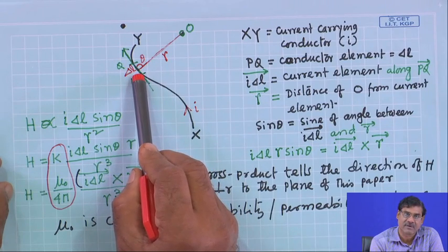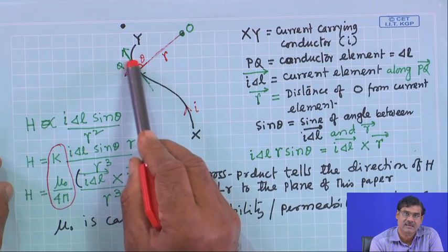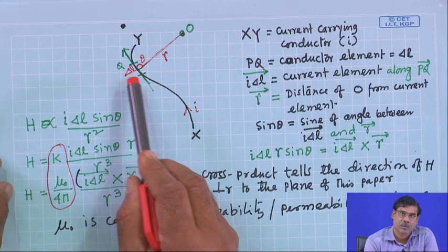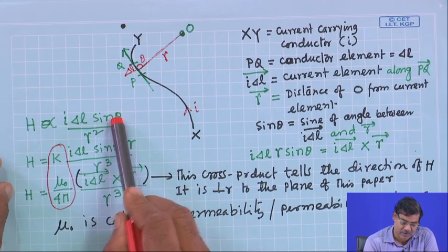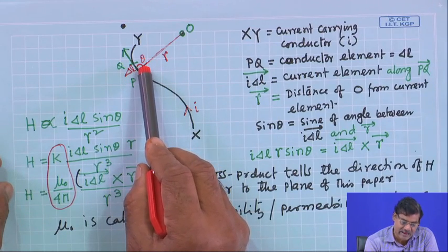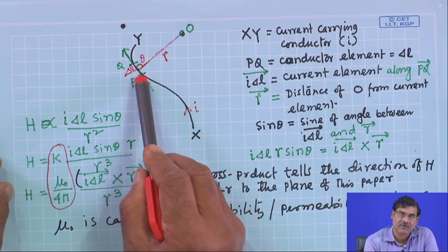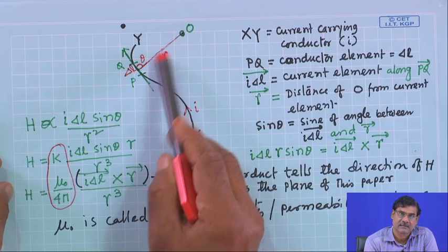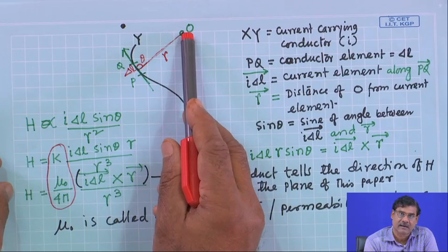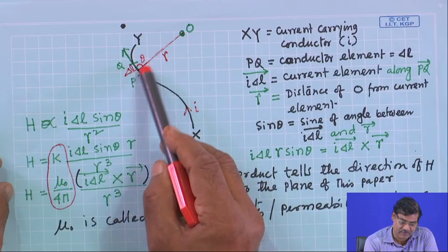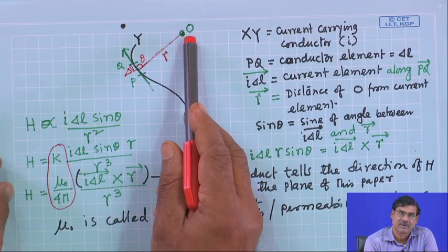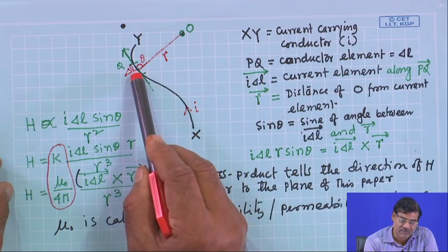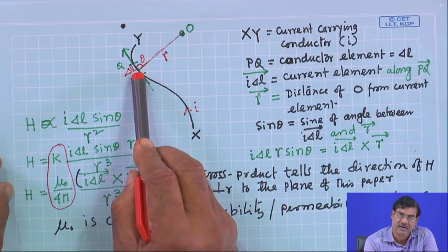So, this magnetic field is proportional to the length of this element, as well as proportional to sin theta, where theta is the angle between this element and this r, which is basically the connecting line between this point O, where we want to find the magnetic field, and the middle point of this element.